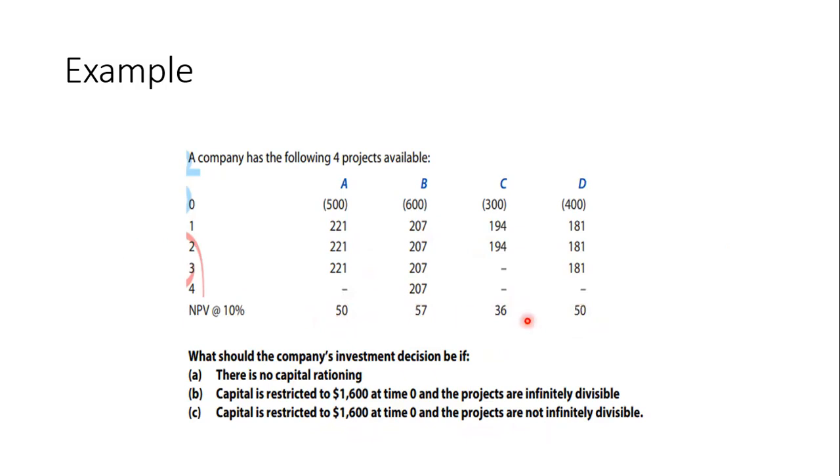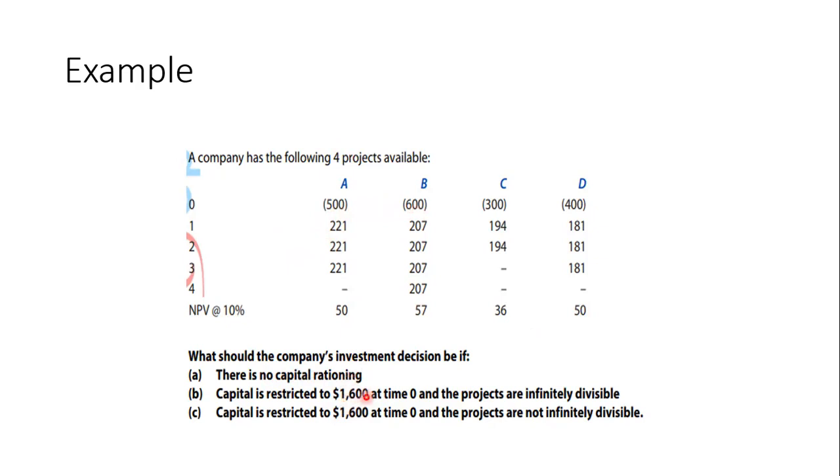And they have enough money to carry that out as far as requirement A is concerned. Now, requirement B is that they are limited to only 1,600. Now, if you put all these capital requirements together, 500 plus 600 plus 300 plus 400, that comes to 1,800.